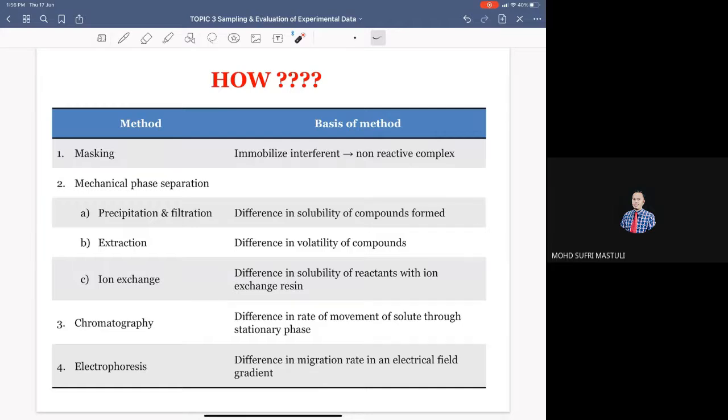Phase separation to separate the analyte and the interference can be performed using precipitation and filtration, extraction, or ion exchange. Other methods for eliminating interference are chromatography or electrophoresis techniques.